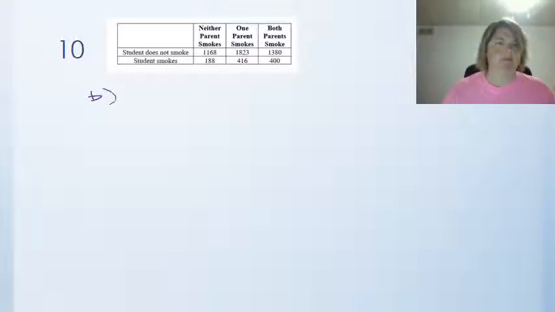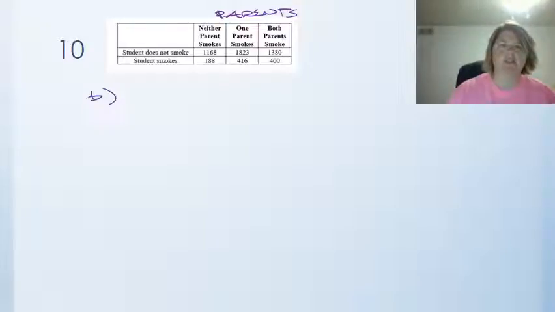Now part B. Give the marginal distribution of parents' smoking behavior. So we're only looking at the parents. So the parents are these kids. So we're looking at the parents to the whole, right? The part is the neither parent smoke divided by the whole. So we add up those two groups, and it talks about count, which would be 1356. Add up these two groups, you get 2239.